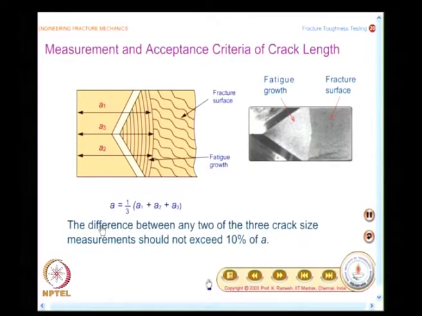The code says how you should measure and qualify whether you can accept or not. I measure A1, A2, A3 and the acceptance criterion is that the difference between any two of the three crack size measurements should not exceed 10% of A.